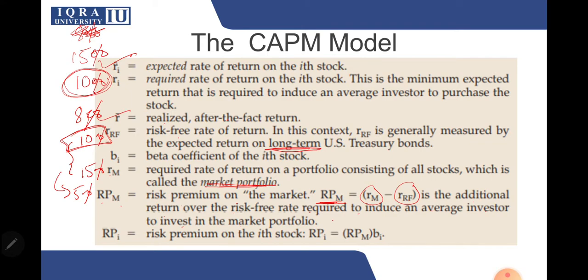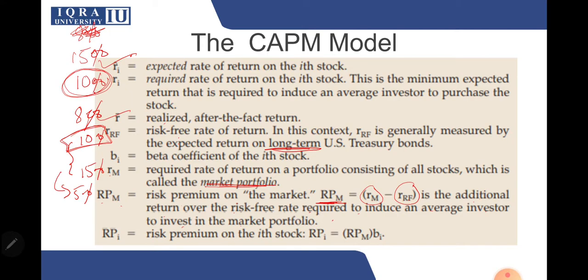Unless the stock market offers a higher return, that person will not be willing to invest in the stock market. If the stock market is also giving a 10% return and the bond is also giving a 10% return, the bond would be the better option because the risk there is lower. Now because the stock market is more risky, the return over there has to be higher. So how much higher does it have to be? That is your risk premium.